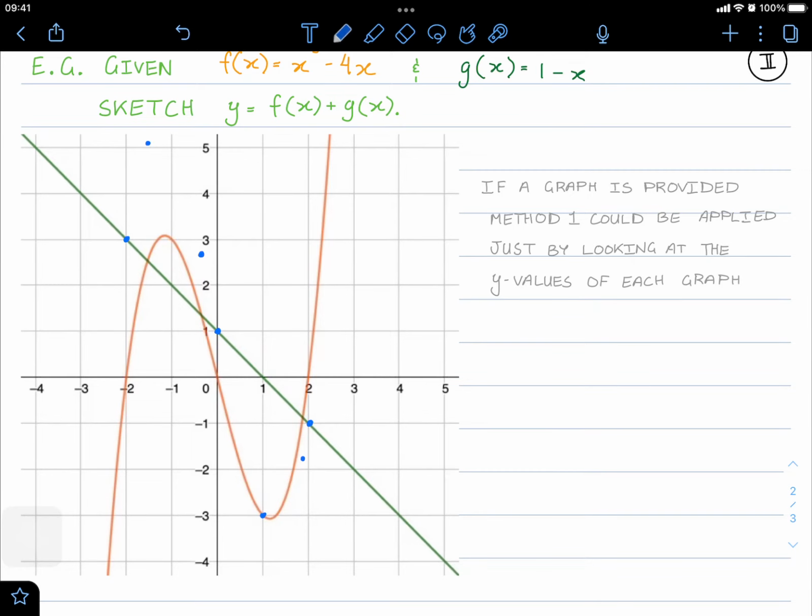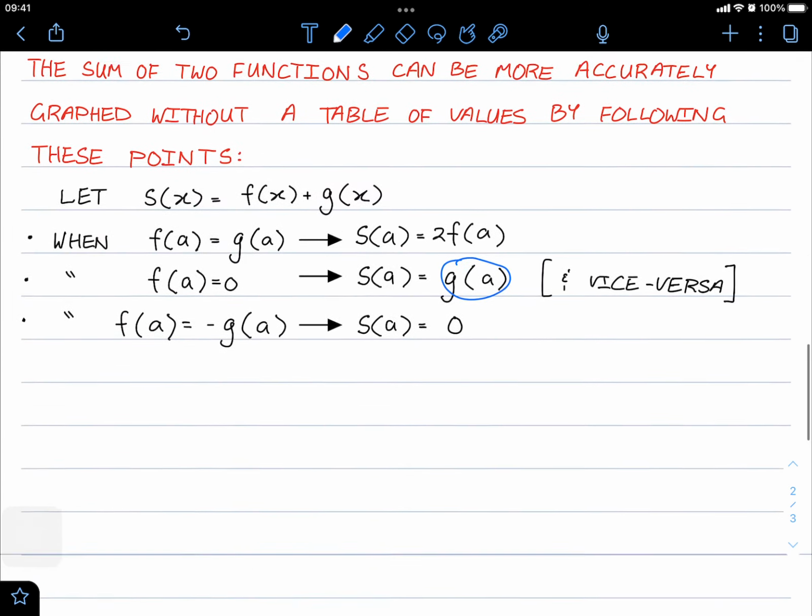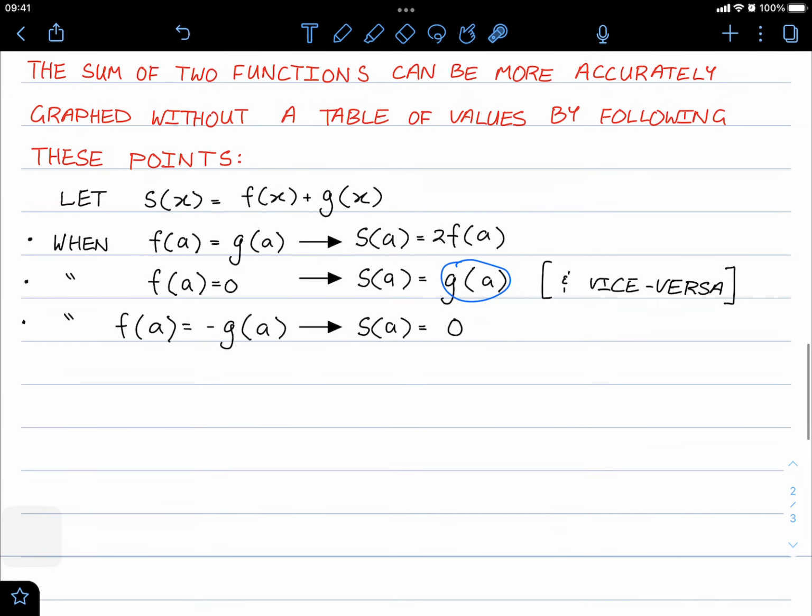Okay, so let's now address this last point. When f of a is equal to negative g of a, the sum of them is going to be 0. I'll demonstrate this using just a few values. Let's say f were 2 and g were negative 2.